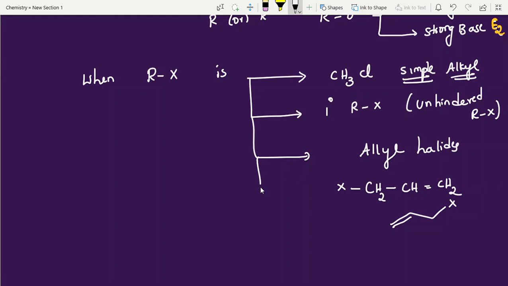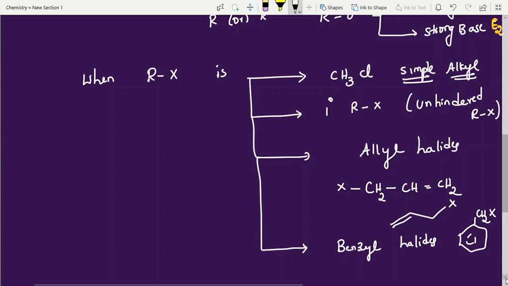Okay, now next one, benzyl halide. Benzyl halide also favors. What is benzyl halide, students? CH2X attached to benzene. Clear? Then only RO minus acts as a strong nucleophile. It gives ethers. You will write this point.